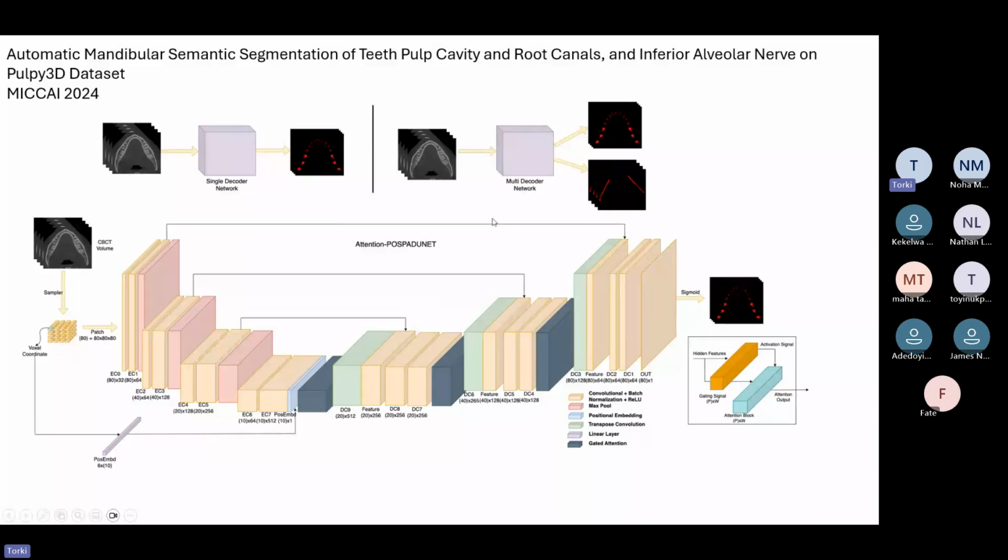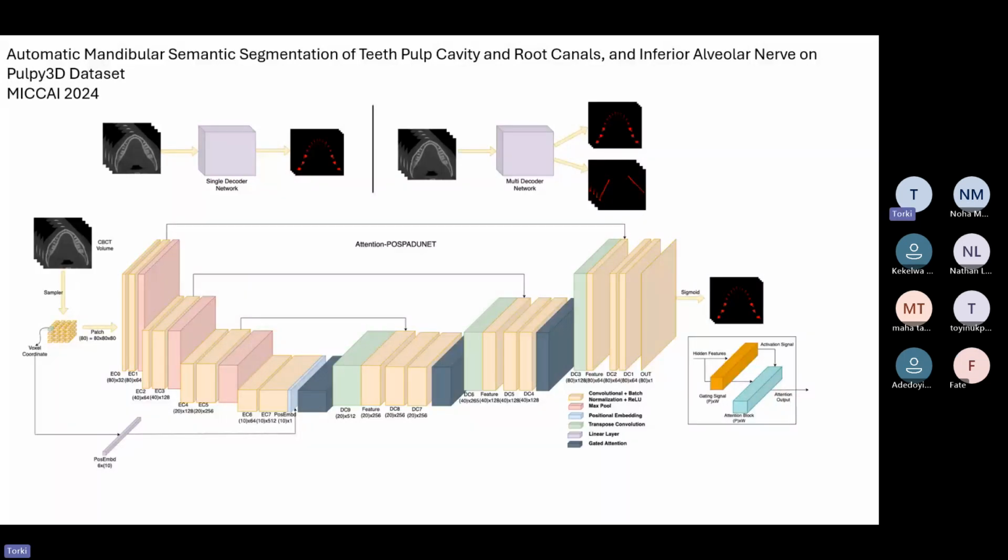But if you process these batches without ordering, you might get the final output wrong. So we encoded the positional embedding inside the network, and we added it here to be able to recover the volume output size correctly.